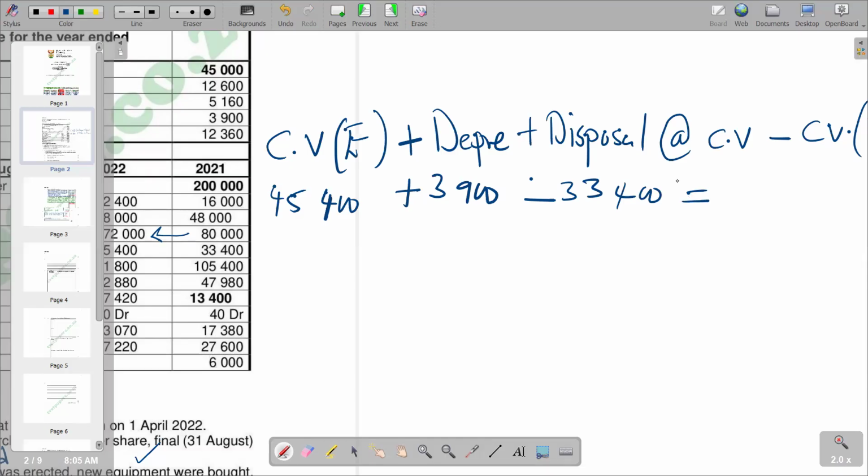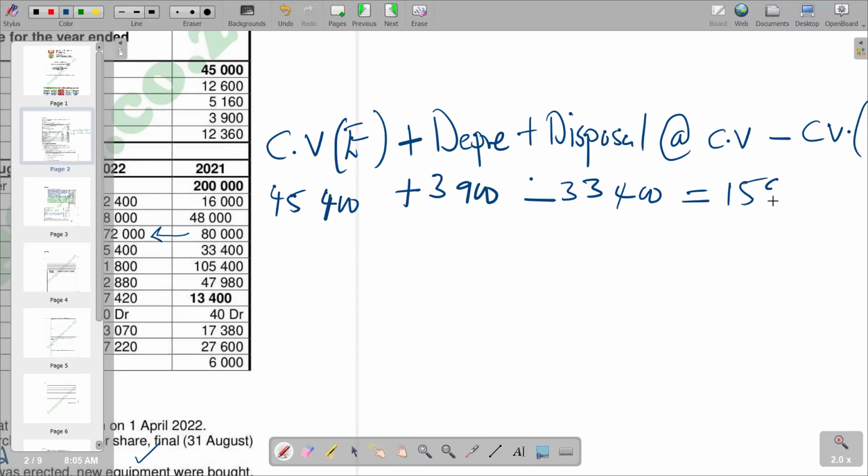From there you can make your calculation, whereby you just add and subtract, and you are going to get 15,900. So your answer becomes 15,900.